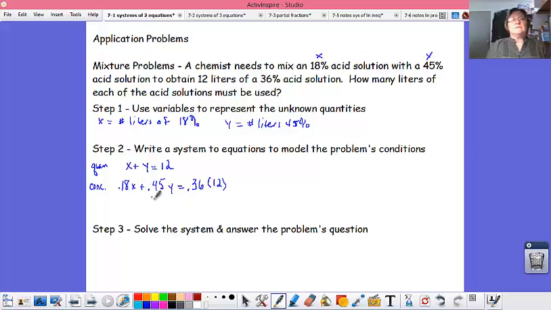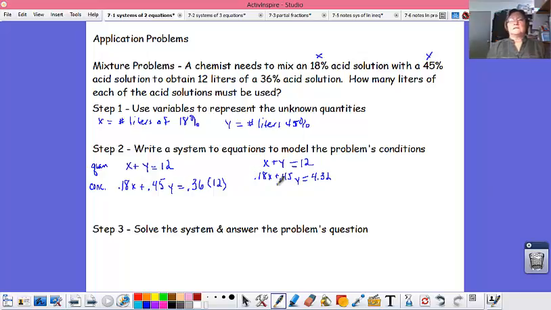So now we've got two equations, two variables. We can do a little simplifying here. I'm going to rewrite and simplify at the same time. X plus y equals 12 is our first equation. The next is 0.18x plus 0.45y equals 0.36 times 12, which is 4.32.